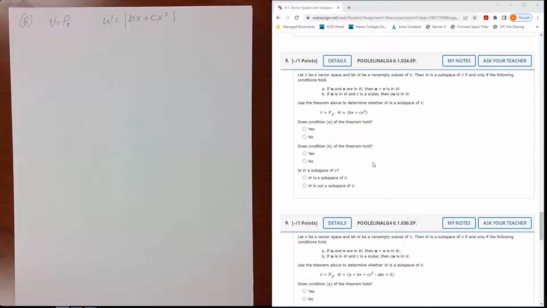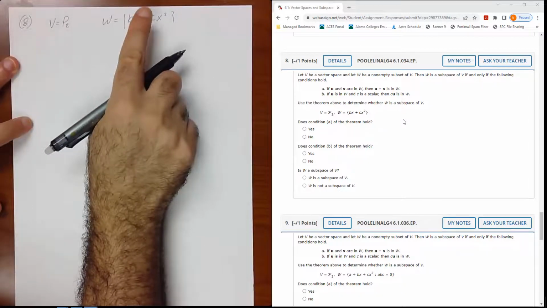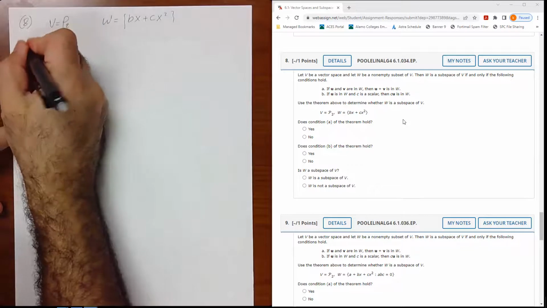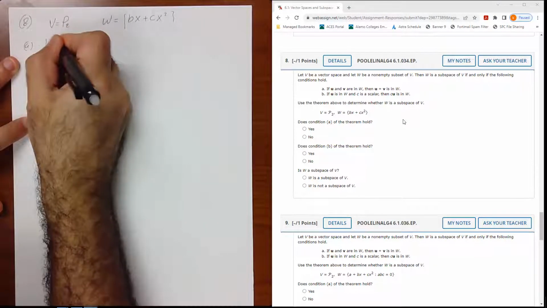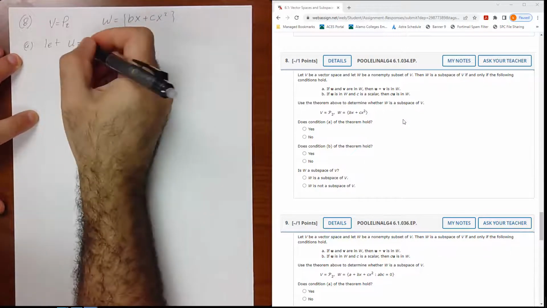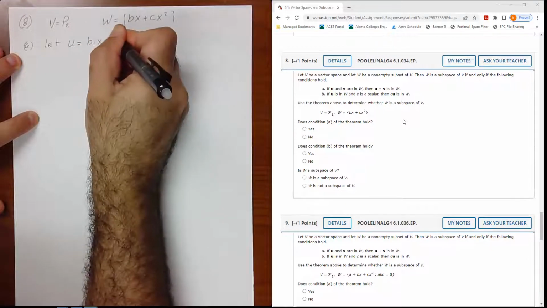So for example 8, again, V equals polynomials with the second degree, and W, that's how it looks. Now we're going to let U and V be two vectors, or two polynomials, from W. So the first condition, we're going to let U equal B1x plus C1x squared.